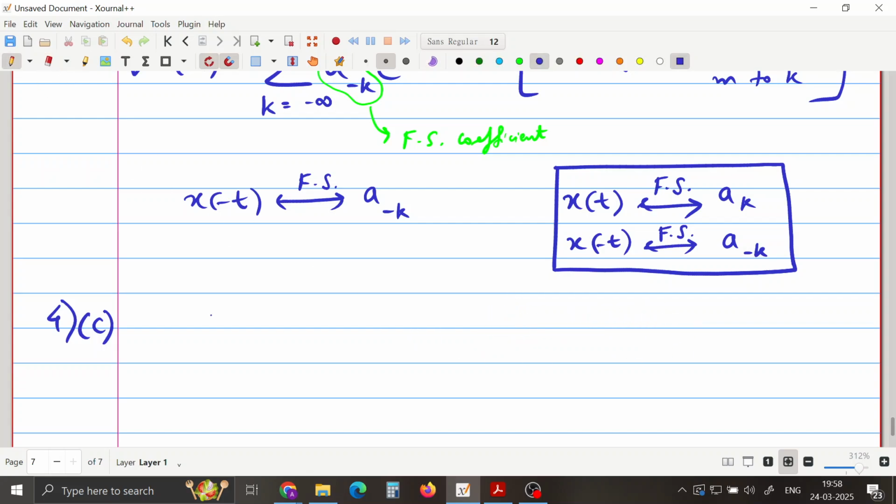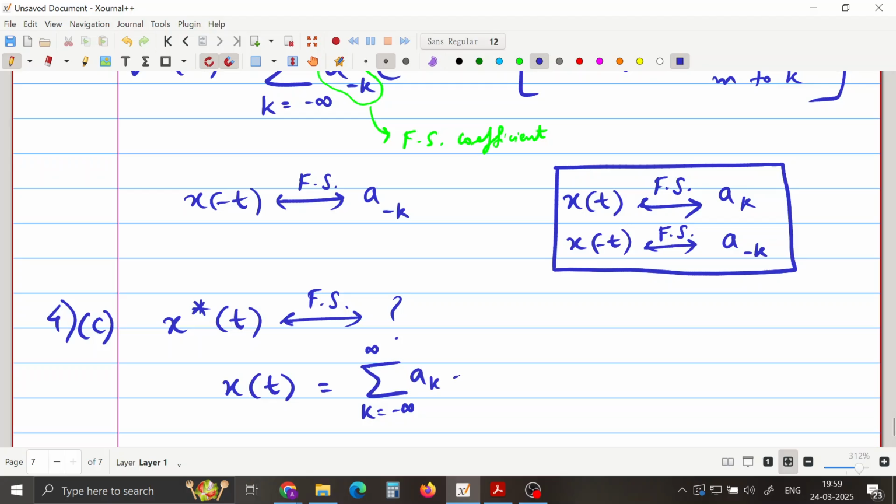And now what we need to do here is, if we have x star of t, what is its exponential Fourier series coefficient? So again, let's do it. So x of t we know as this representation in exponential form, right?